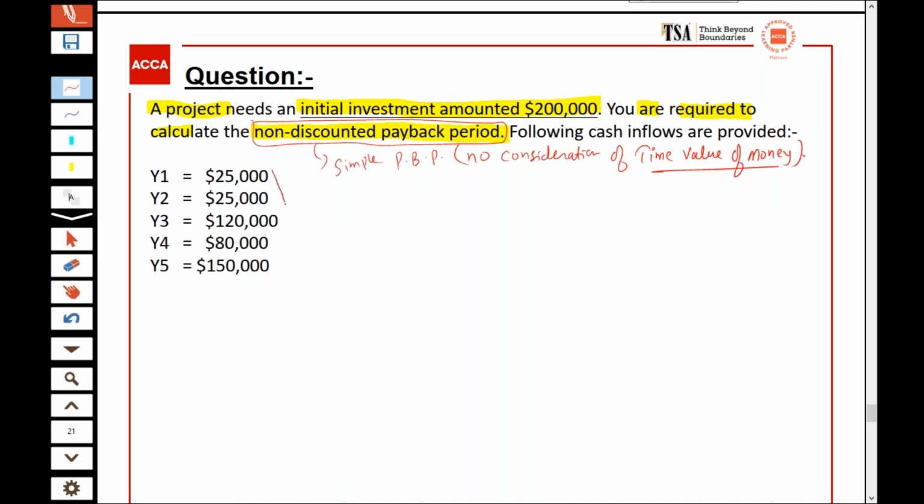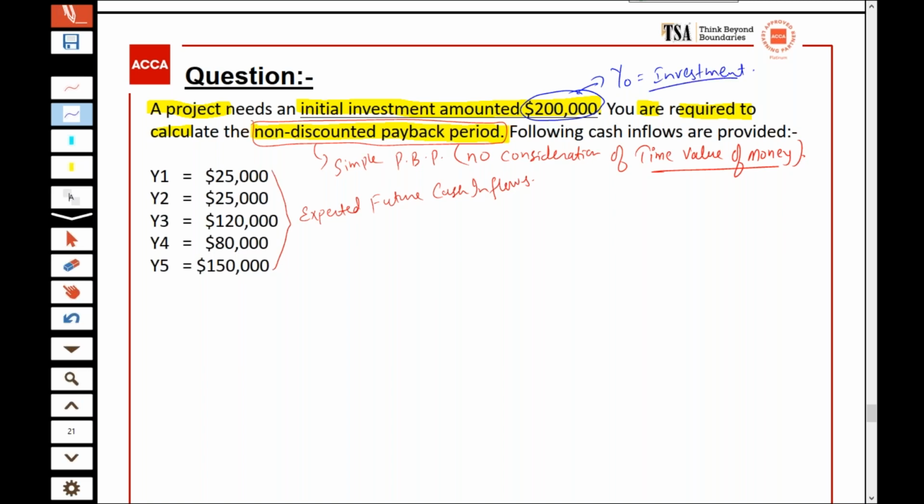These are my expected future cash inflows. This $200,000 is my initial investment, that is year zero, that means investment.